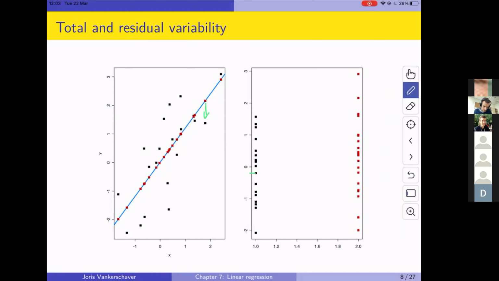I can look at how far my predictions are from my observations. So let's draw a few more, just a few that are easily set aside. In other words, what we look at is basically the residuals.